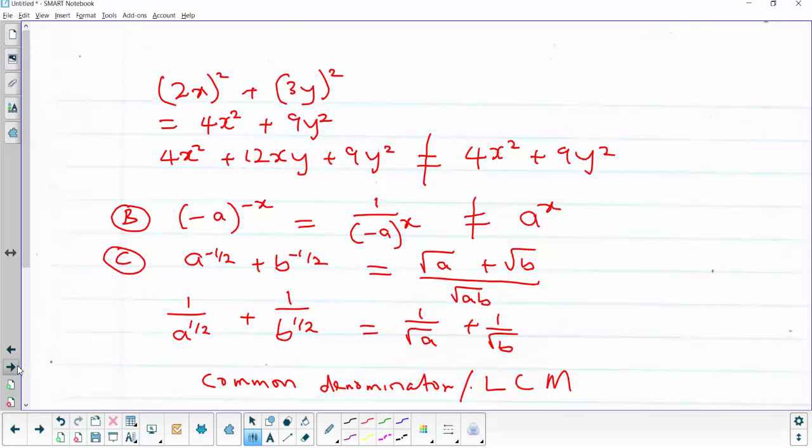Let's continue with our calculation. Let me write it again here to make it easier. From the previous page, we have 1 over the square root of a plus 1 over the square root of b. Our LCM is the square root of ab.